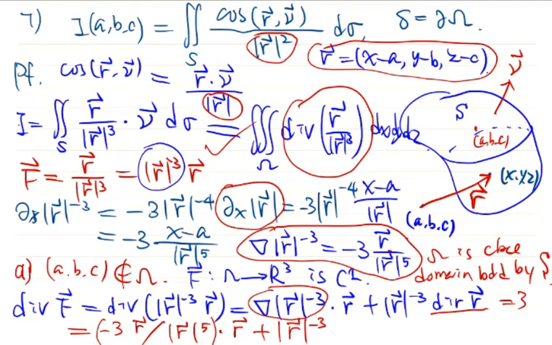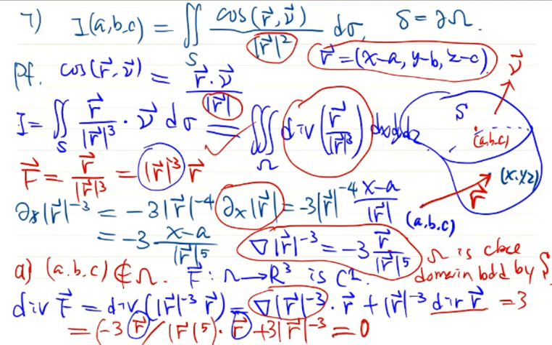So the second term is just 3 times the norm of R to the power minus 3. And the inner product of R with itself is the norm of R squared. The square cancels with the norm to the power 5, and you will obtain the norm of R to the power minus 3. Okay, so the result is 0. The final result is 0.